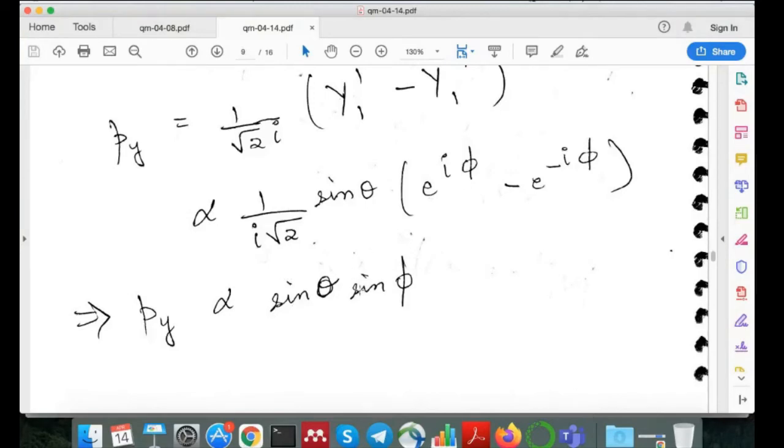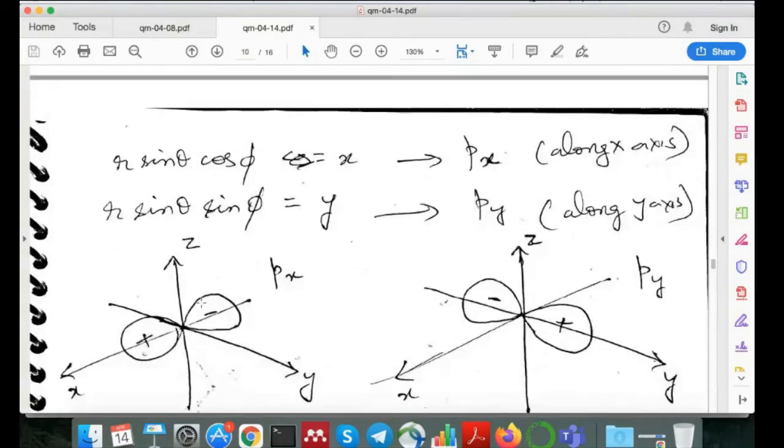Basically, these are just the wave functions, but what I'm plotting here are the probability densities. Please remember that distinction. Whenever we are looking at the wave function of a particle, the wave function itself does not have any physical meaning, but the probability density, the norm of the wave function, has a physical meaning.